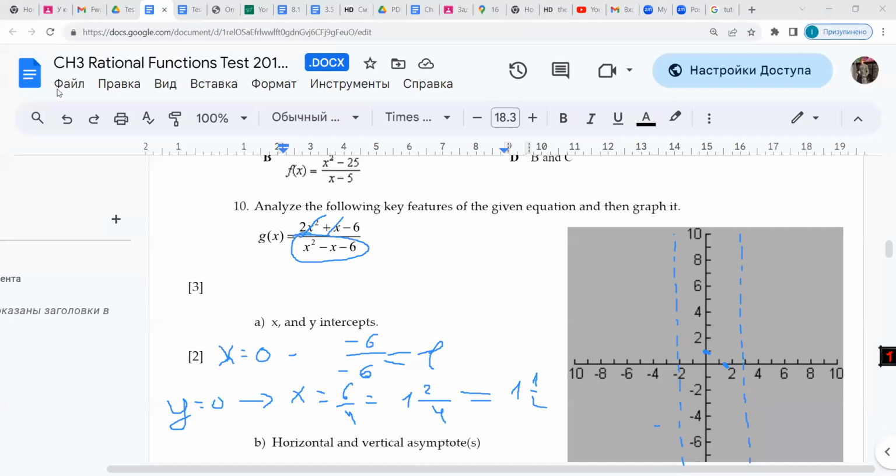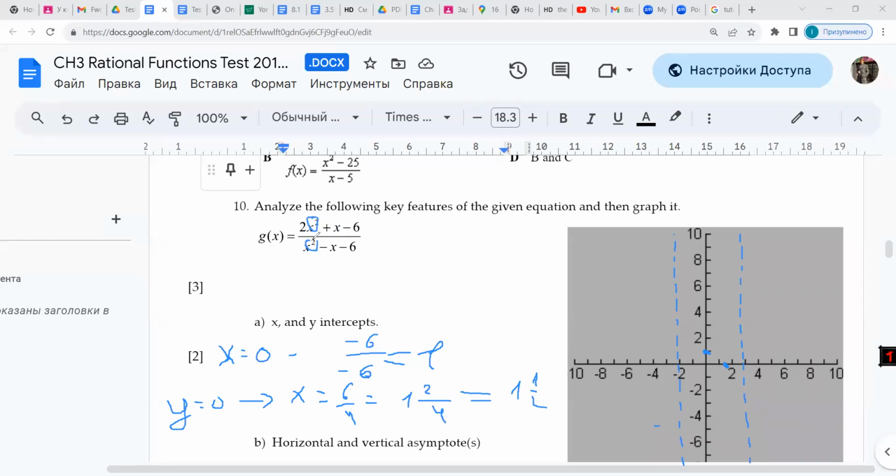So we're going to remind you of one of the cool properties that we learned. First of all, when we're looking into horizontal asymptotes, we have to look into the exponent in our expression, right?